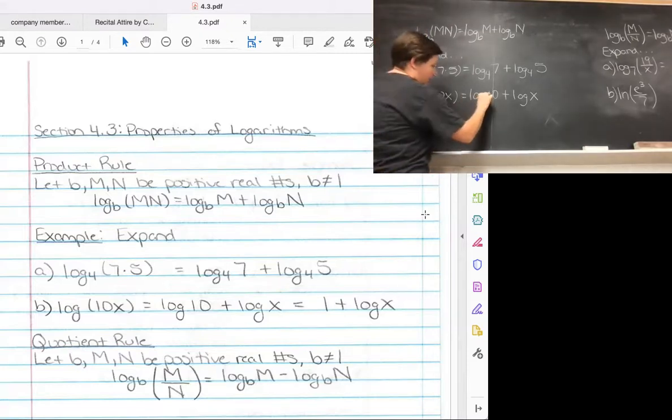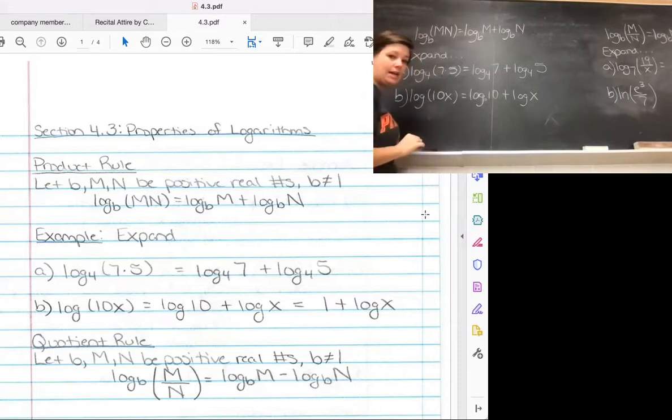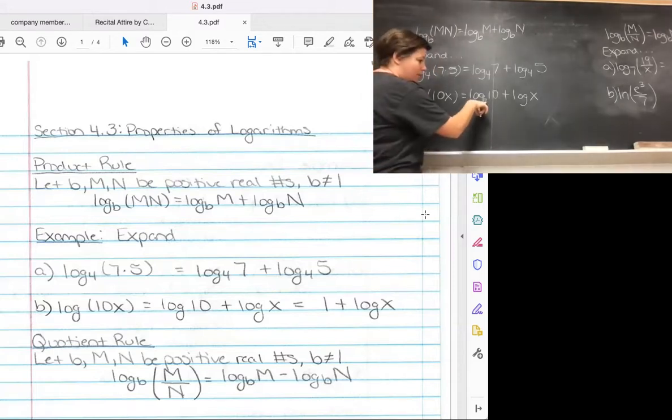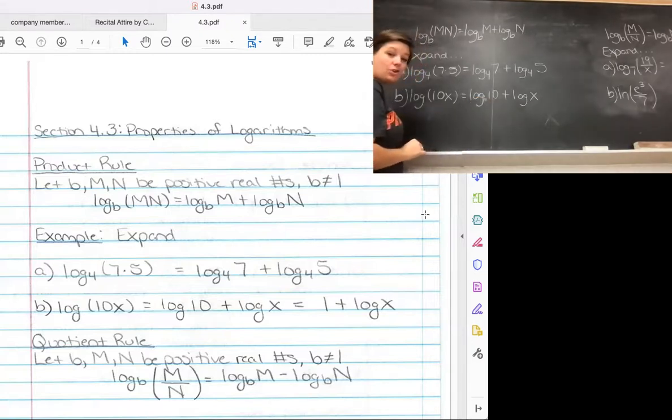That's like saying log base 10 of 10. And what happens when the base and the thing that you are logging are exactly the same? That means it's 1. Remember, let's put a little star down here and note that: log base b of b equals 1. So if the base is the same as what you are logging, then it simplifies to 1.